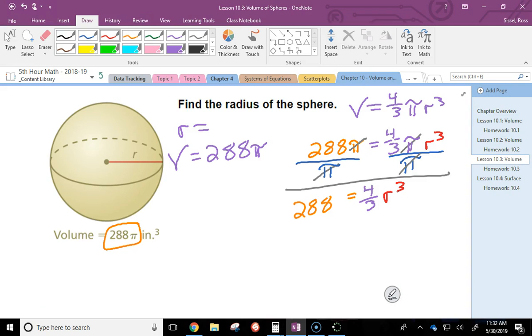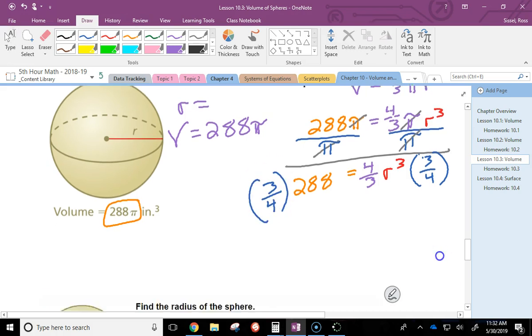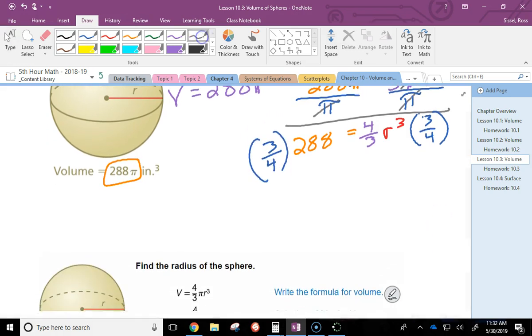But I'm going to times by the reciprocal, which is 3/4. Because 4/3 times 3/4 is 1, so they undo each other.